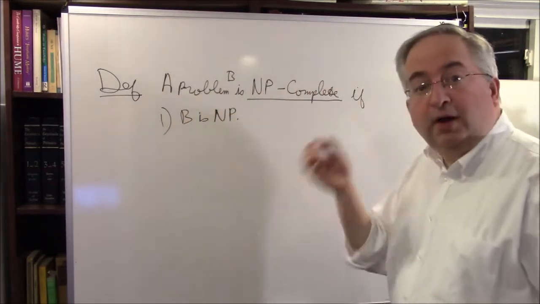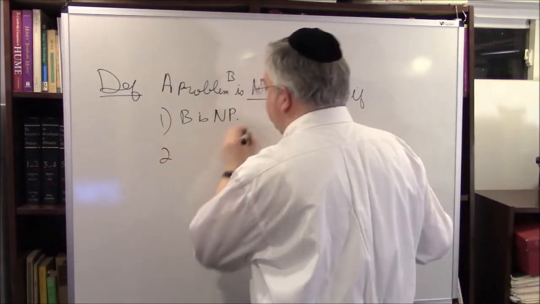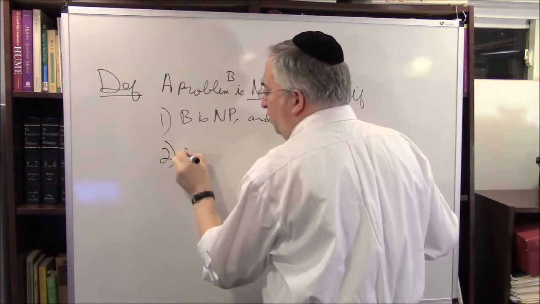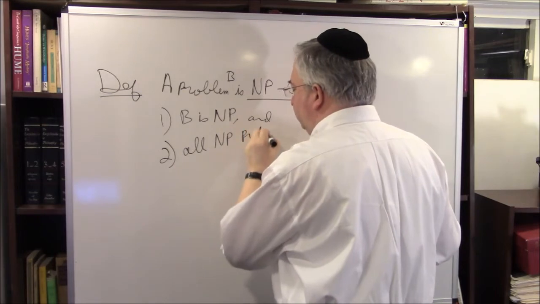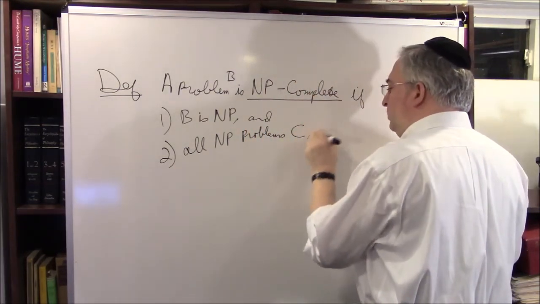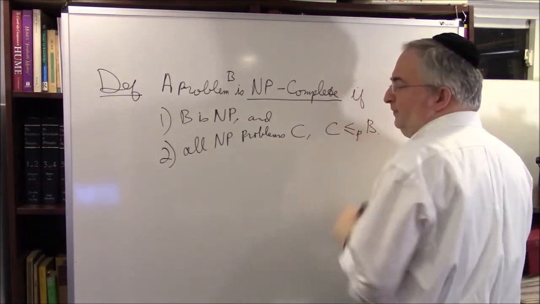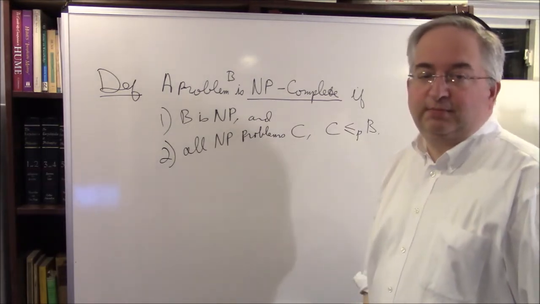It's a hard problem, but then it has a killer requirement. Two, for all NP problems C, C can polynomially be reduced to B. In other words, it's the hardest NP problem.